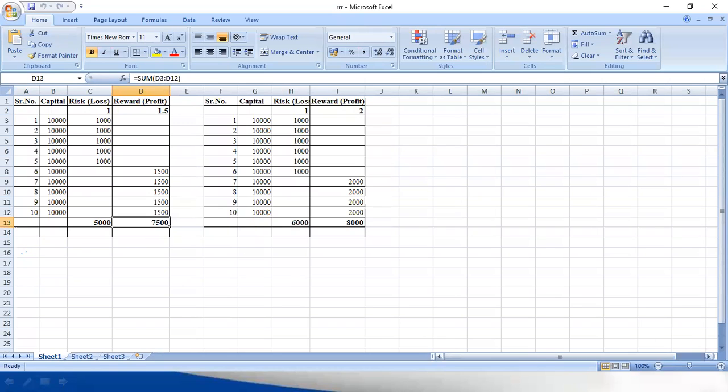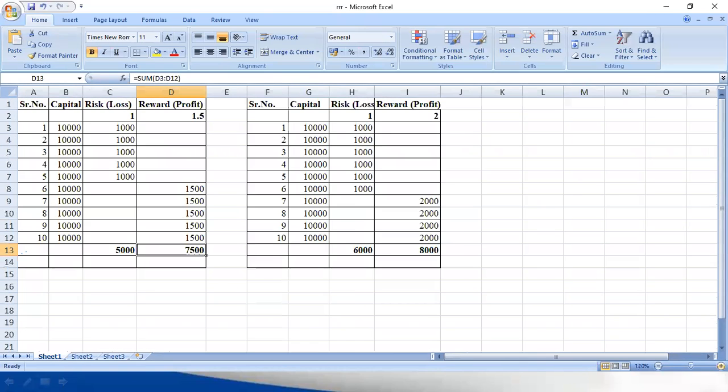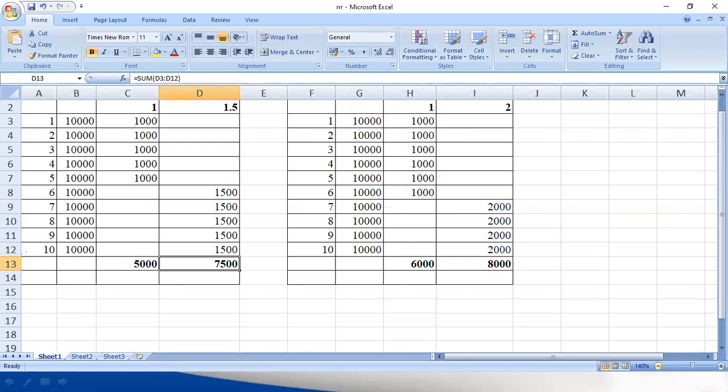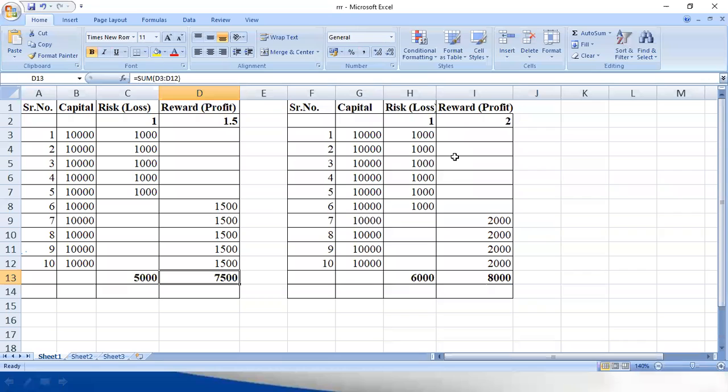Okay, I think the chart is a little small. I'll make it a little bigger for you all. Now if you kept a risk reward ratio of 1:2, here you see I did 6 wrong trades.